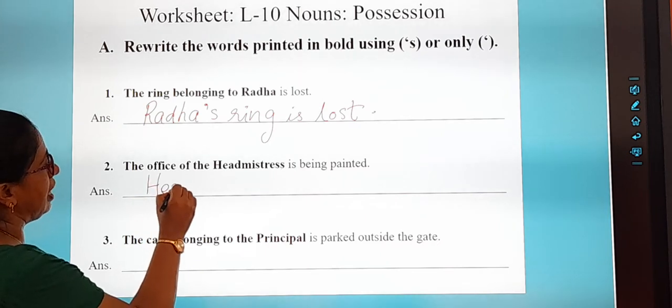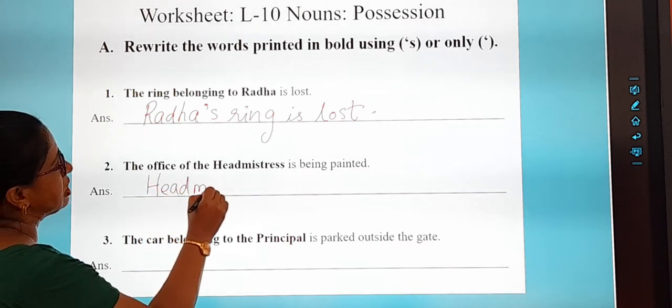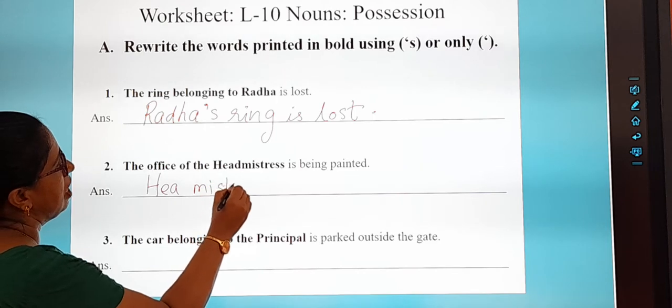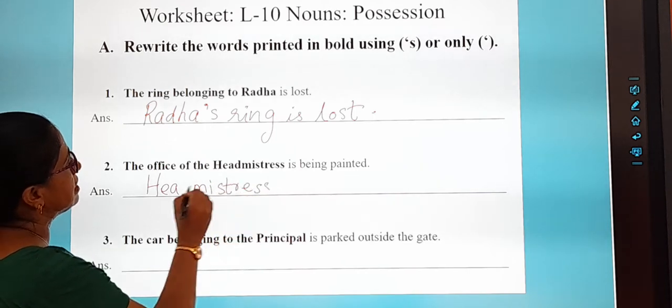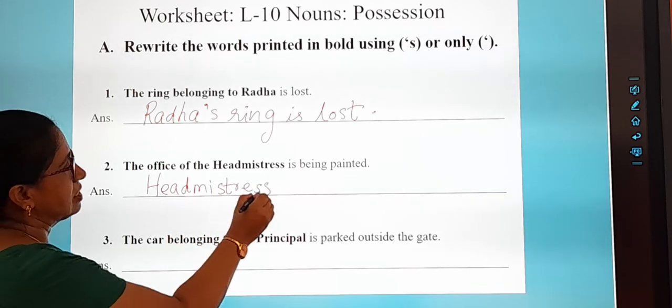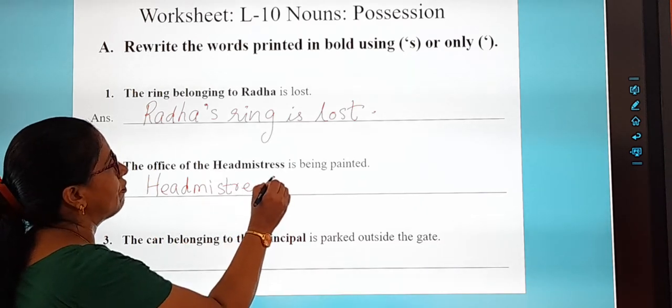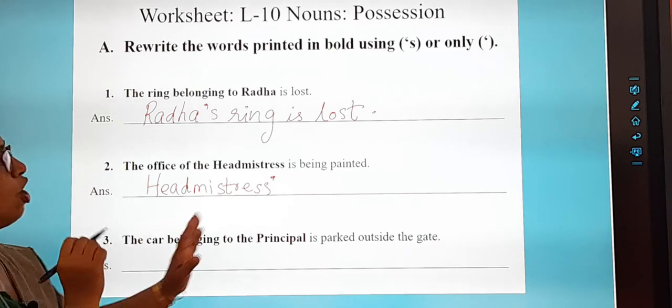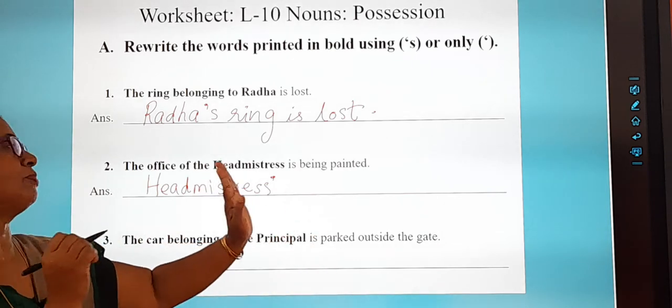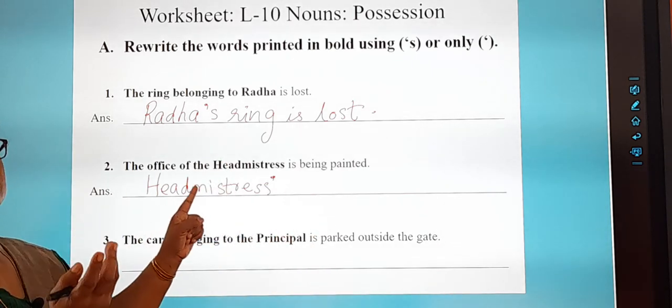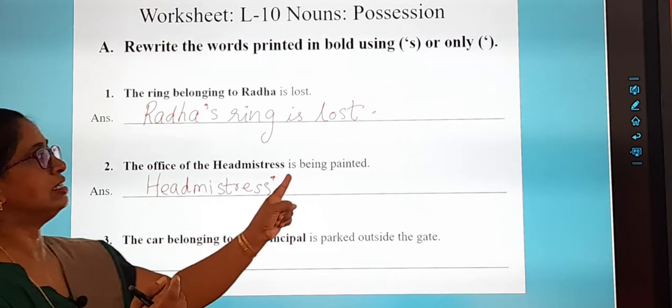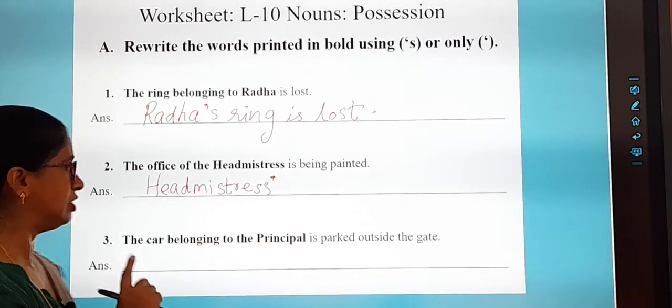Headmistress, H-E-A-D, M-I-S-T-R-E-S-S. Headmistress. The last letter is S, children, so only an apostrophe will come. You will not put apostrophe S, only apostrophe. Headmistress' office is being painted. So, like this you will complete.